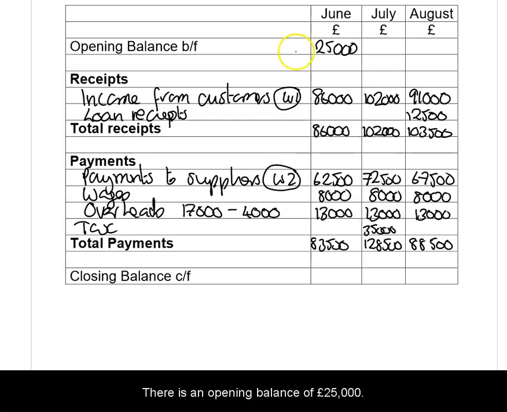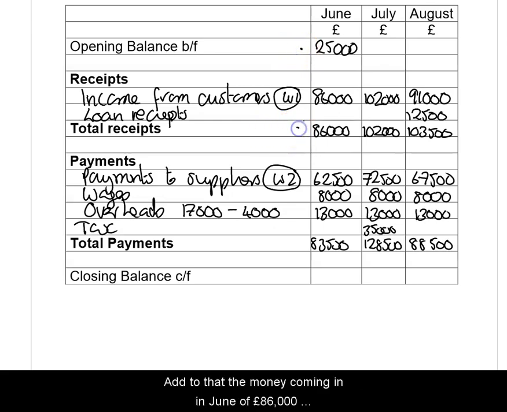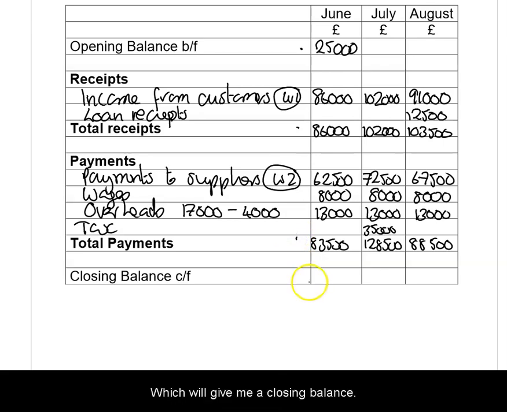I've got an opening balance of 25,000. I'm going to add to that the money coming in June of £86,000, and then take off my June payments of 83,500, which will give me a closing balance of £27,500.